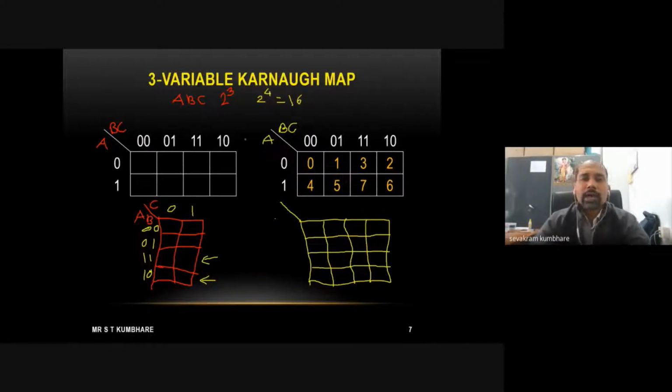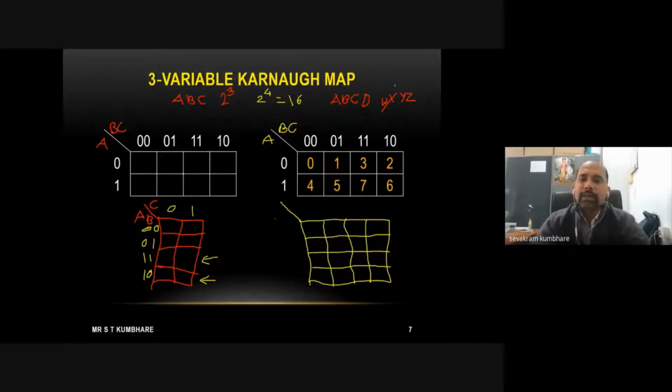Now, I can have 4 variables like A, B, C, D, or variables like X, Y, Z, or W, X, Y, Z. Anything you can have. These are the variable names.